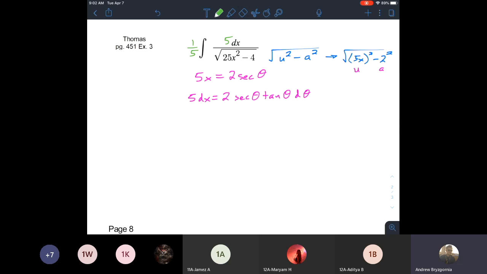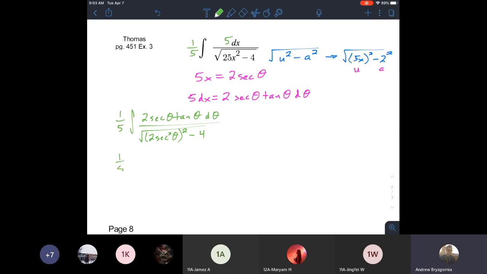So when we rewrite our integral, we'll have 1/5 on the top is 2 secant tangent. Down on the bottom, we know that 5x is equal to 2 secant theta. So I'm going to rewrite that as 2 secant theta quantity squared minus 4.